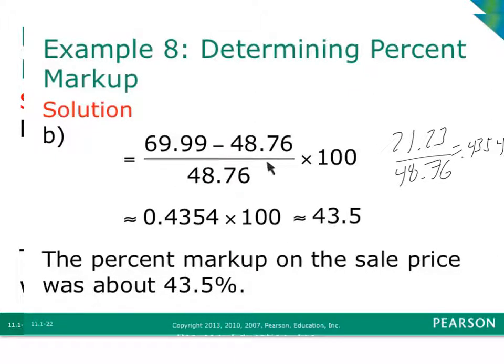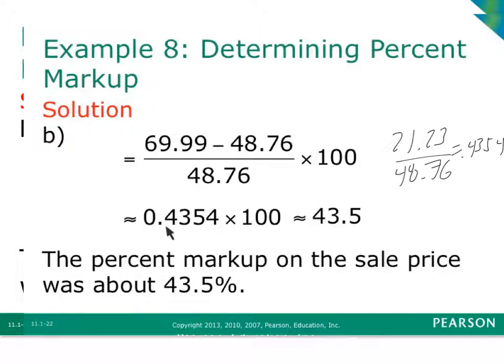Okay, and then the sale price, we'll look at the markup. So we're going to compare it to what their cost was, right? So our sale price was $69.99 minus $48.76, their cost, divided by their cost, 48.76, times 100. Now that gives us 0.4354. I'll show the math there. If you take this difference here, you get 21.23, so we're dividing that by 48.76, and that's how we get the 0.4354.